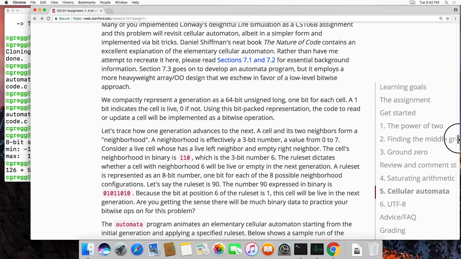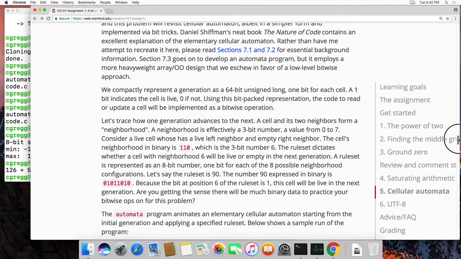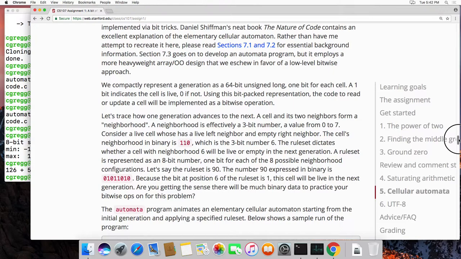You might want to pause the video and go read those sections before we get into the details here. But basically, a neighborhood in this case, instead of being all around a particular cell, is just to the left or right. So there's a 3-cell neighborhood here, which determines whether or not a particular bit is going to be live or dead in the next generation.